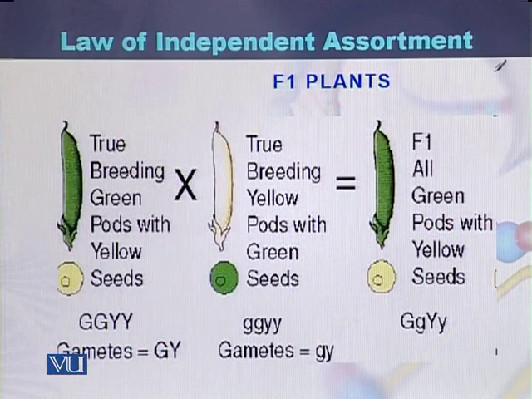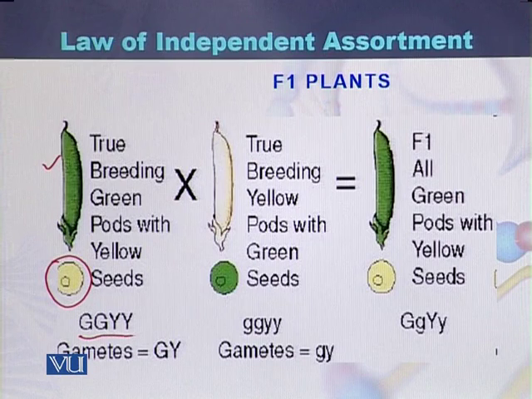Here we take the example of true breed plants that have green pod color and yellow seed color, and the genotype of green pod and yellow seed is capital G, capital G, capital Y, capital Y. It was cross pollinated with the plant which was producing a yellow pod color and green seeds.